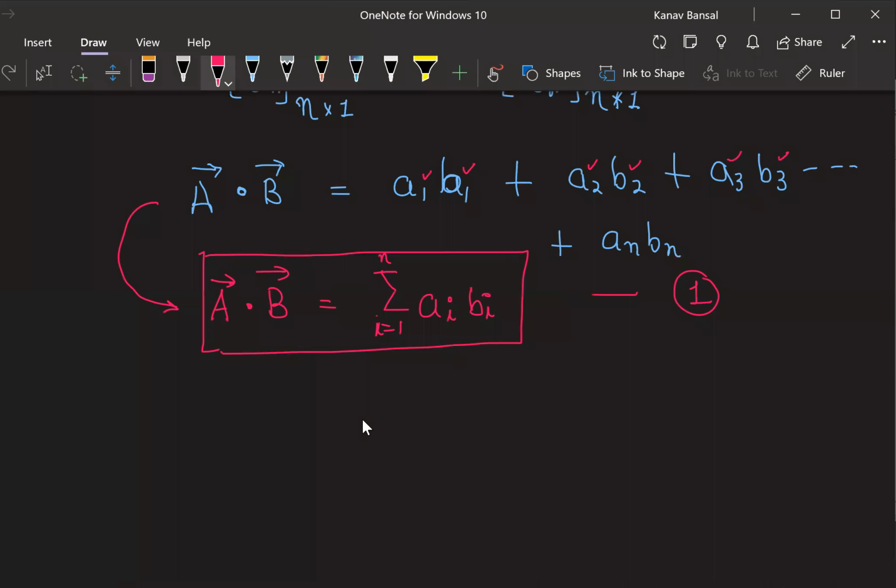This is the first equation to calculate the dot product. The second equation: A vector dot B vector is equal to, if you want to do a matrix multiplication, A matrix's transpose into B matrix. So if you want to do the dot product considering them as matrices, you can do this as well.